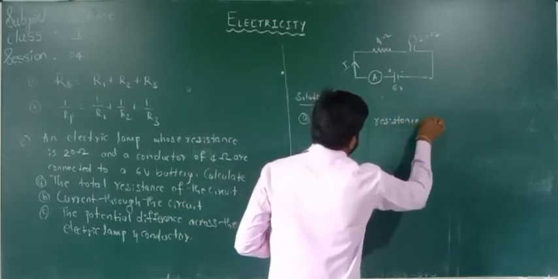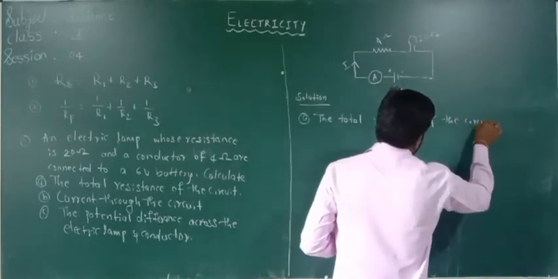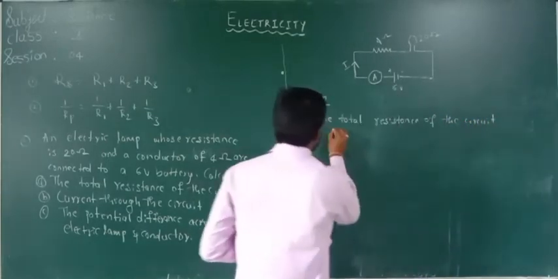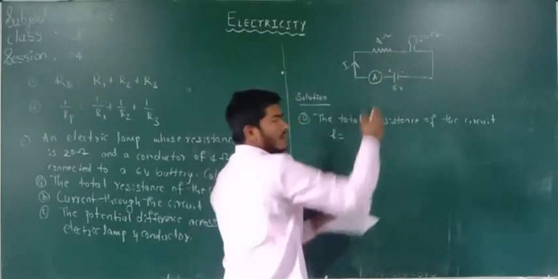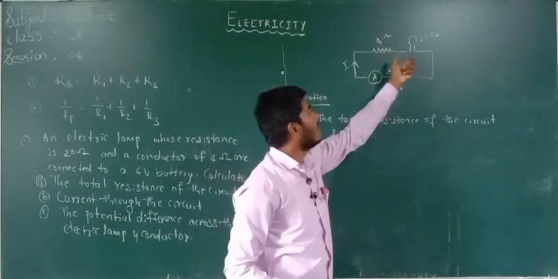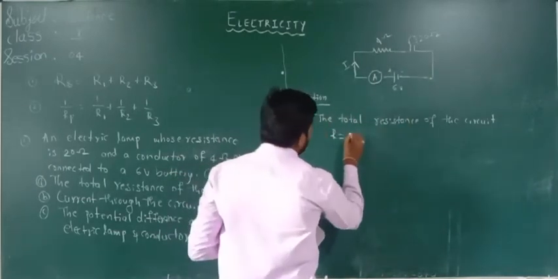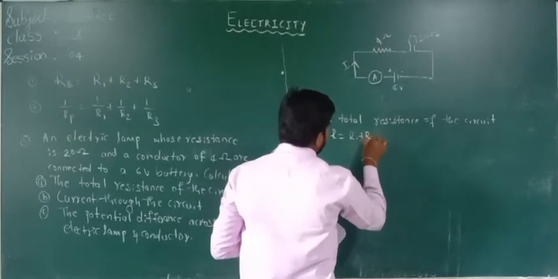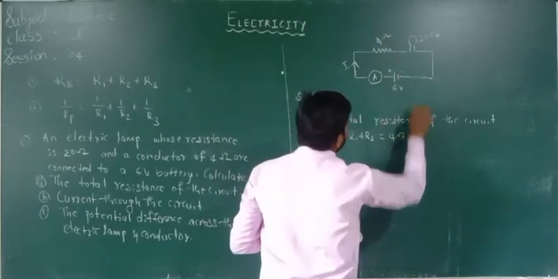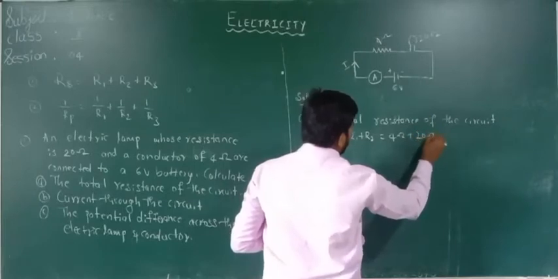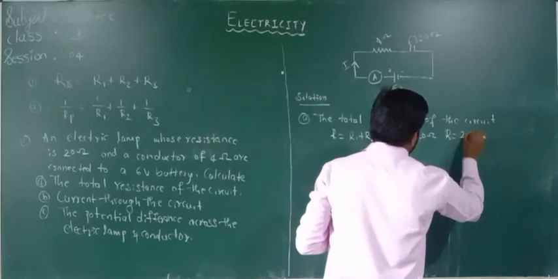Total resistance of the circuit R is equal to, here the resistance of the conductor and the resistance of the bulb are in series connection. Therefore, the resistance R is equal to R1 plus R2. Here R1 is equal to 4 ohm and R2 is equal to 20 ohm. That is, total resistance of the circuit R is equal to 24 ohms.